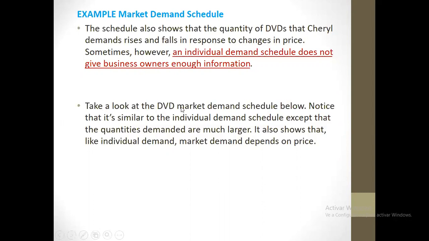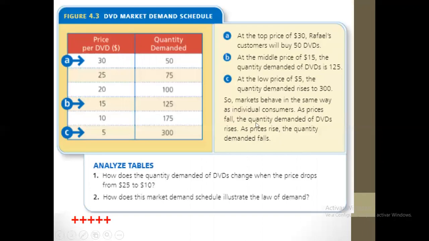Take a look at the DVD market demand schedule below. Now we're talking about the market demand. Notice that it's similar to the individual demand schedule concept, but the quantities demanded are much larger. It also shows that, like individual demand, market demand depends on the price. This is the chart of the market demand.